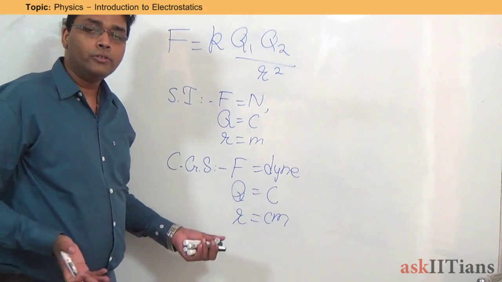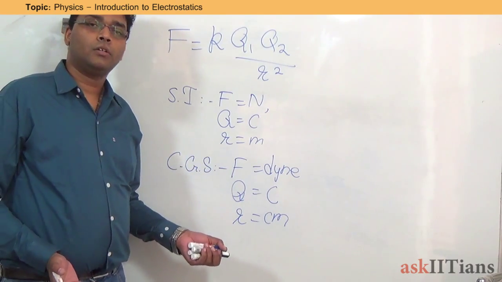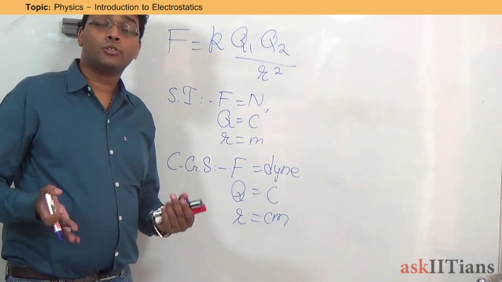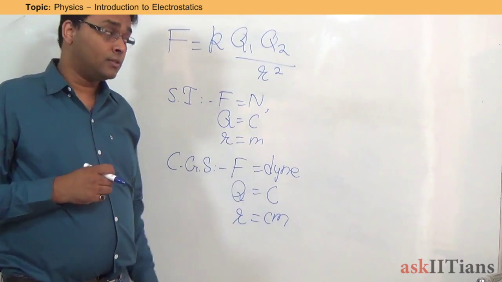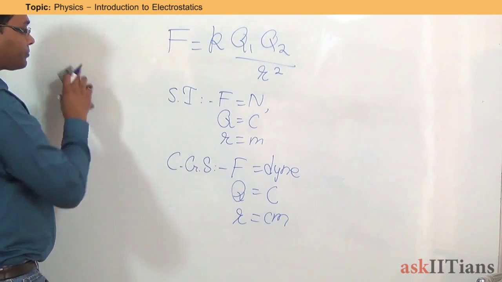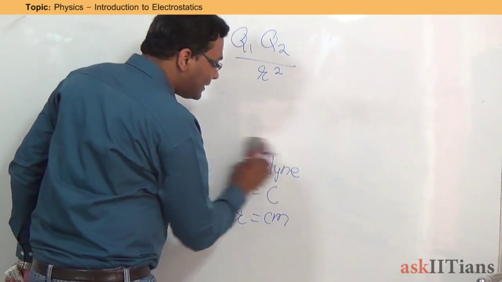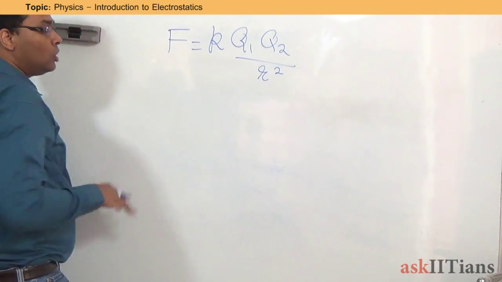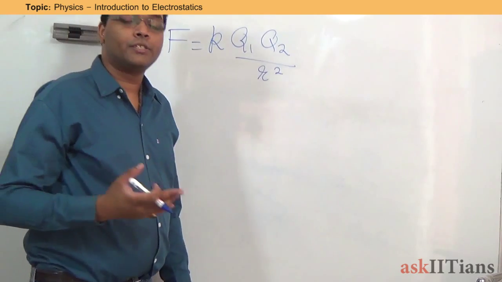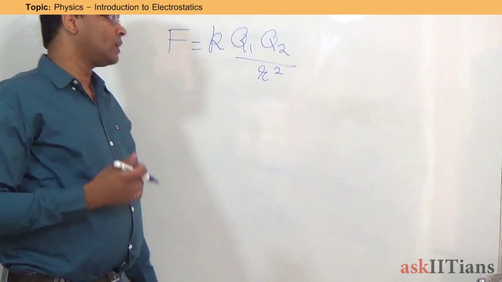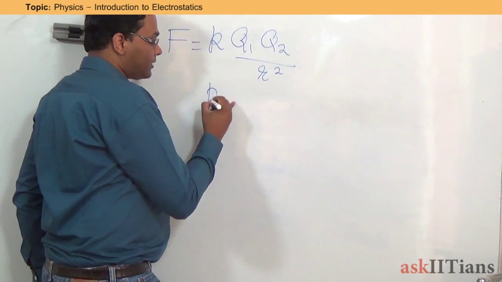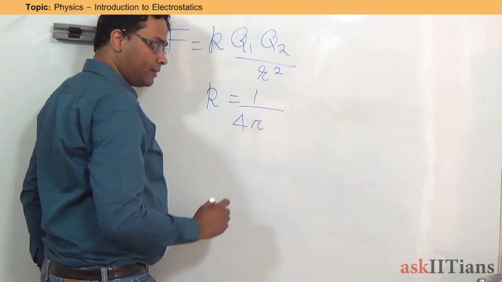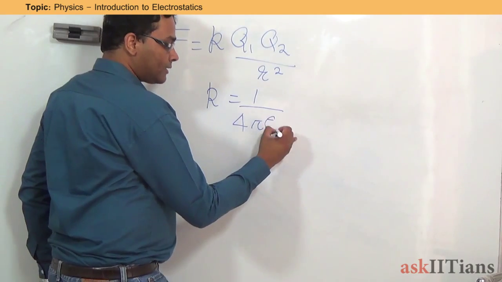Nature doesn't tell you which system of units you have to use. The force between two charges is always going to remain the same. It is up to you which system of units you would like to use. Therefore, depending upon whether you measure in newtons or in dynes, the value of K comes out to be 1 over 4 pi times another constant known as epsilon naught.